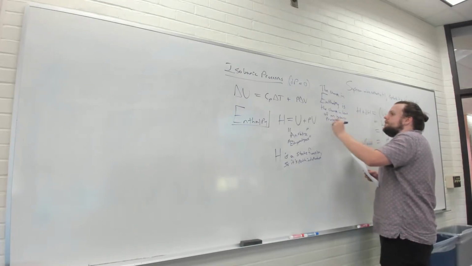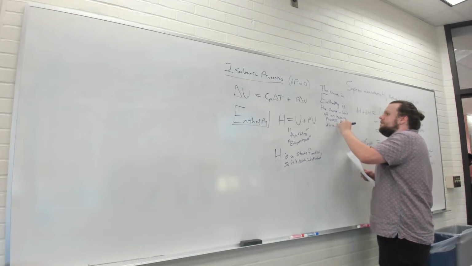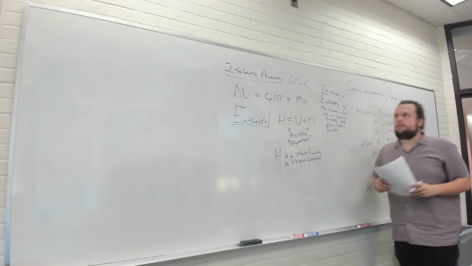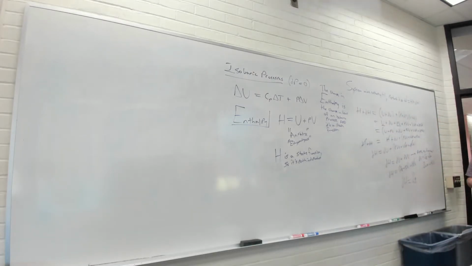And it's a state function. So if we can measure the enthalpy at a beginning point and an end point of whatever reaction or process that we do, the enthalpy readout is always going to be the heat change. It's just the heat that's being released by the system.